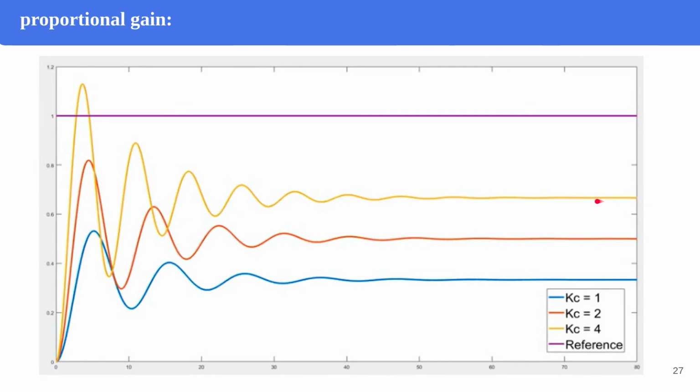This yellow one shows the response time when the proportional gain is 4, and this is the reference value or desired value that you see. There is a smaller error between the response and the reference when we have Kc equal to 4.